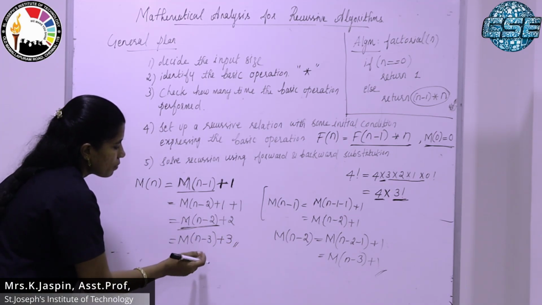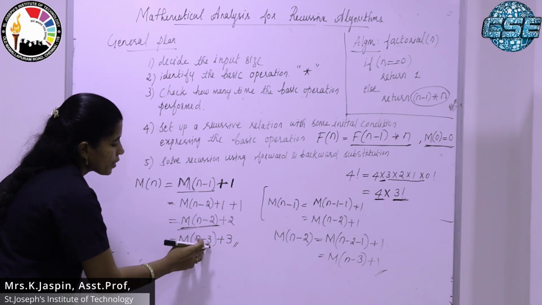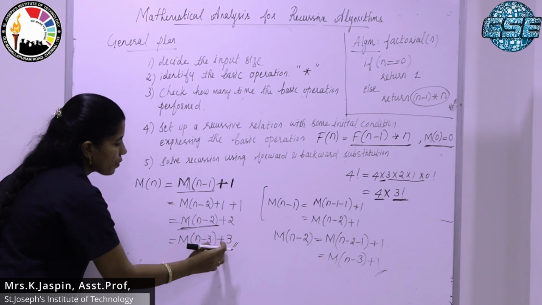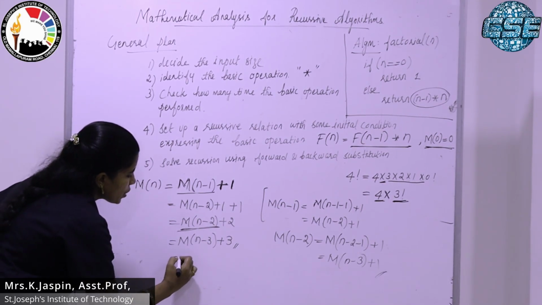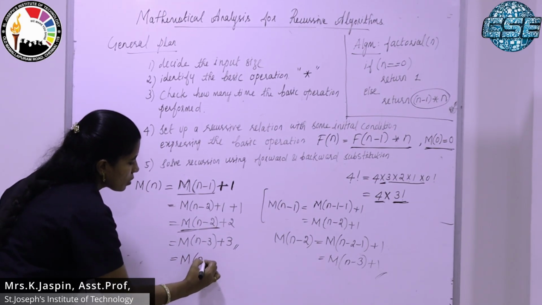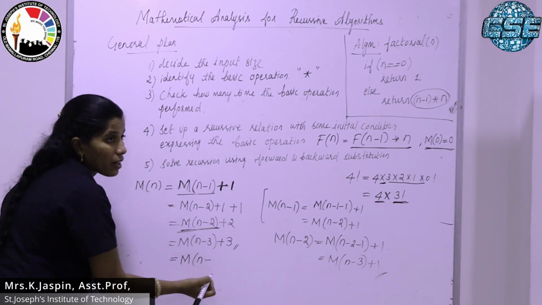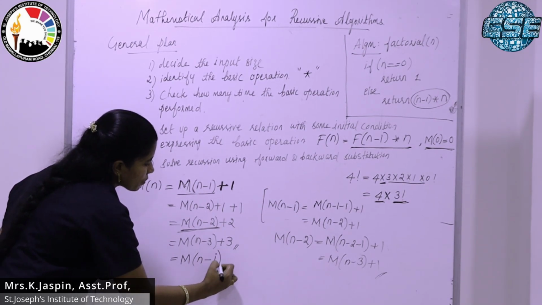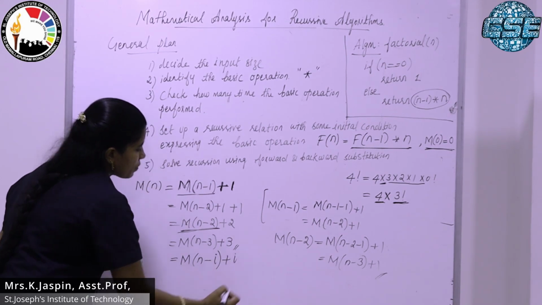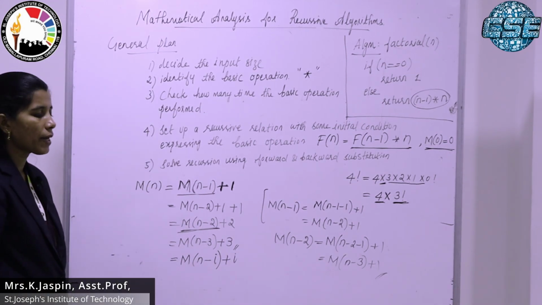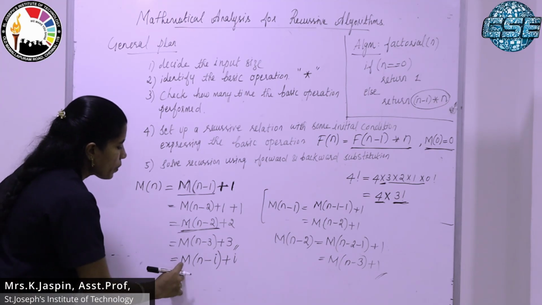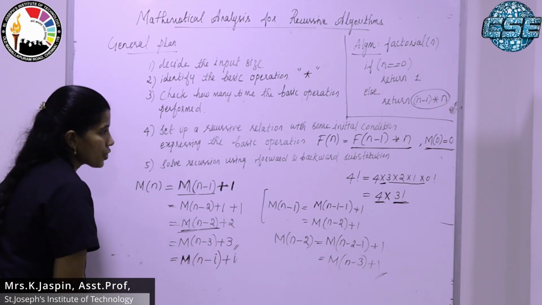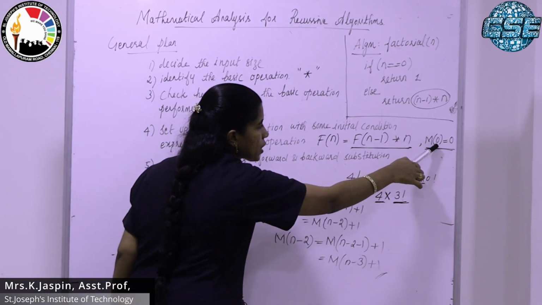At each next step, if you are calculating the value, it becomes 4, then 5, like that. So these two are the variables. I can generally write this expression as m of n minus i plus i, replacing any general value. In order to calculate the time complexity, I need to bring this term to satisfy the initial condition. We all know m of 0 is equal to 0.